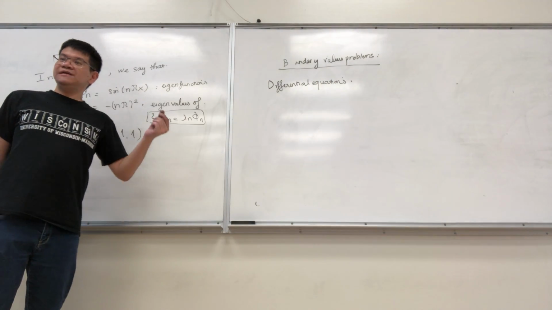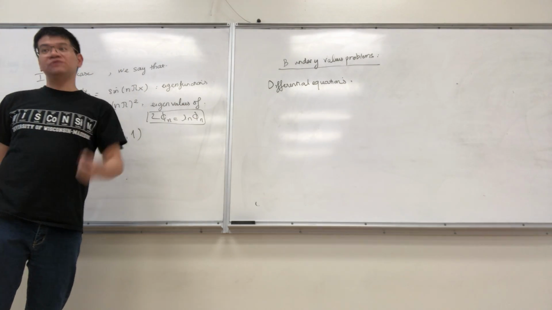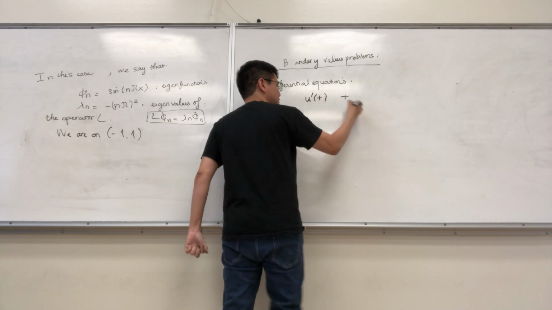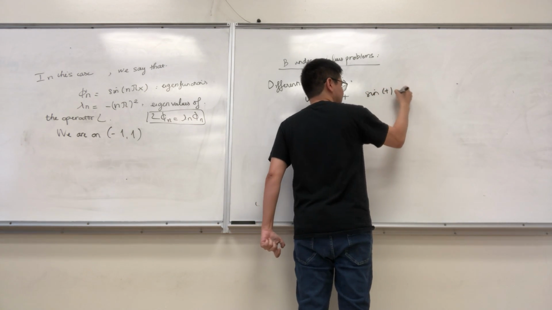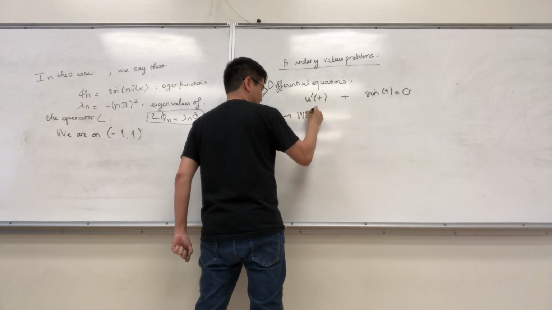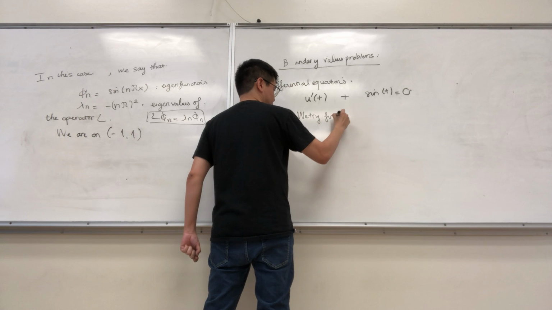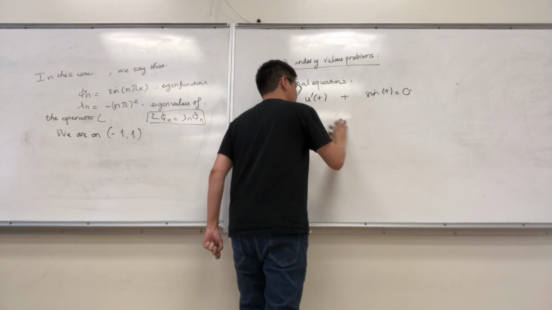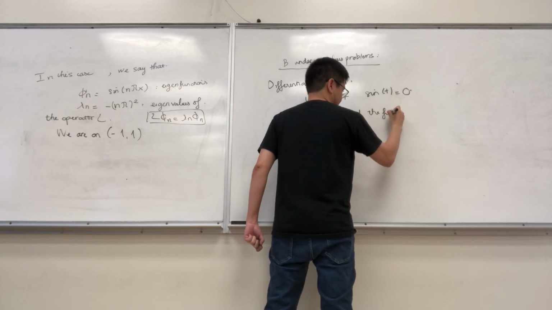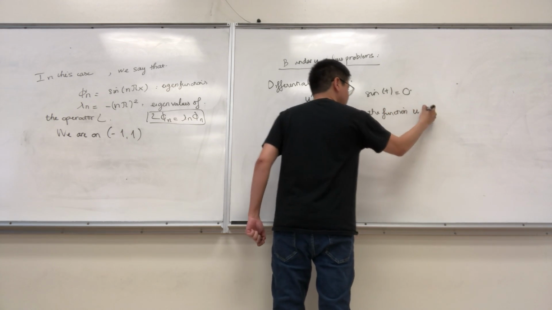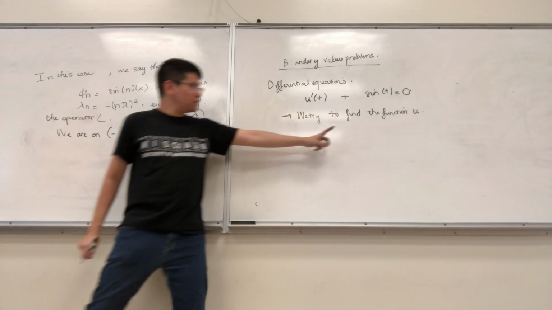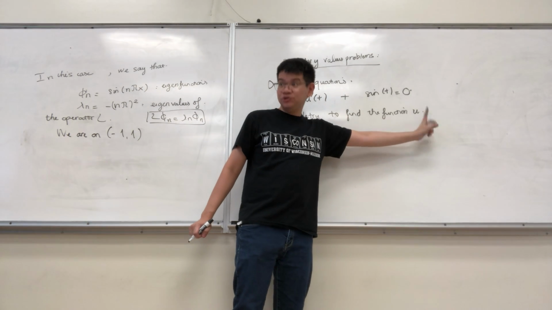A differential equation is an equation in which you have a derivative, right? So we have u prime of t plus sin(t) is 0, and we try to find the function u. All right. So this is a differential equation because we are trying to solve for the function u, right?